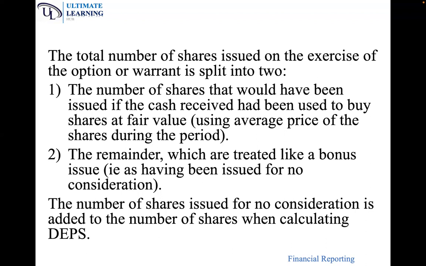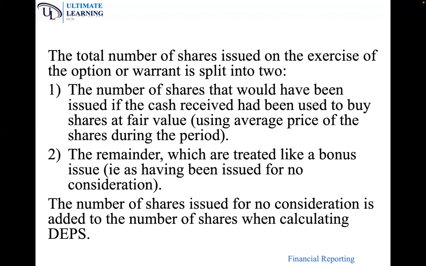For example, if the market price is 1,000 and the option rate or exercise price is maybe 800, it means for me to exercise the option, I'll be buying the shares at 800, the rate that I was offered. Other people buying at fair value or market price will be buying at 1,000.